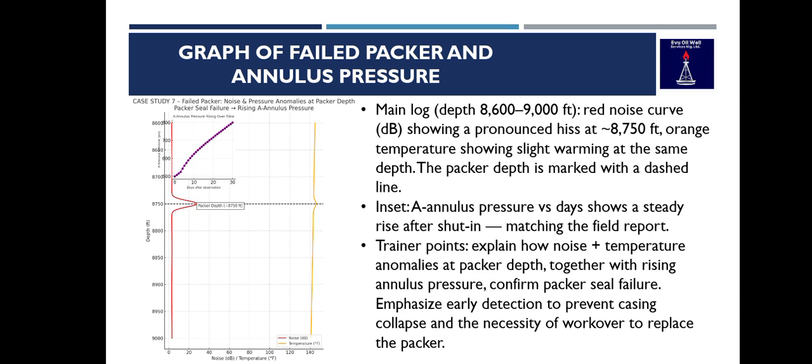The point here is that you should try to explain how noise and temperature anomalies at packer depth, together with rising annulus pressure, confirm packer seal failure. Emphasize early detection to prevent casing collapse and the necessity of workover to replace the packer.